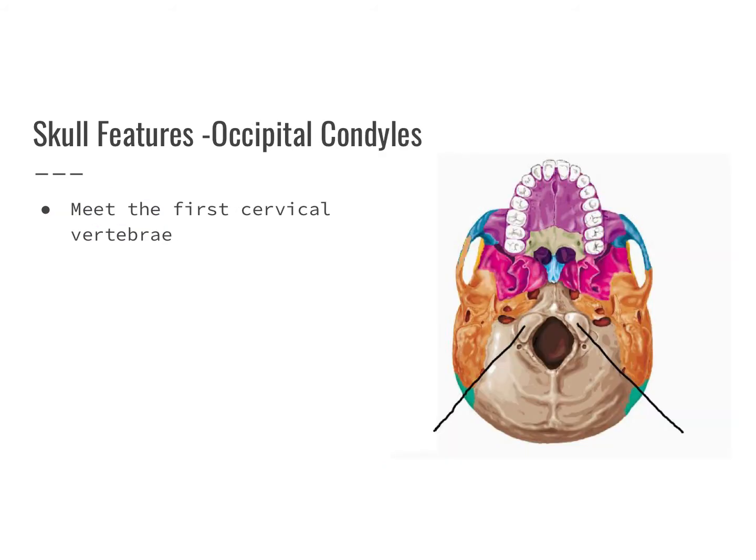Okay, also when you flip the skull over, on either side of the foramen magnum, you will see these little bumps on either side, and those are called occipital condyles. A condyle is usually located where there's a joint, so a movable connection between two bones.